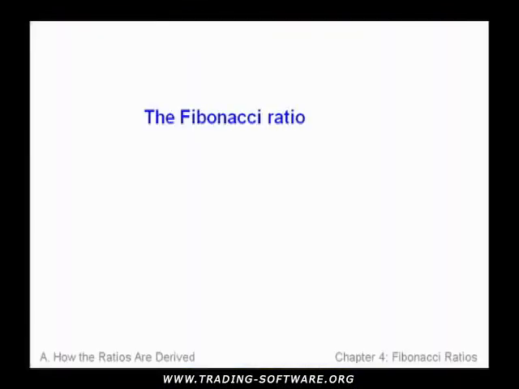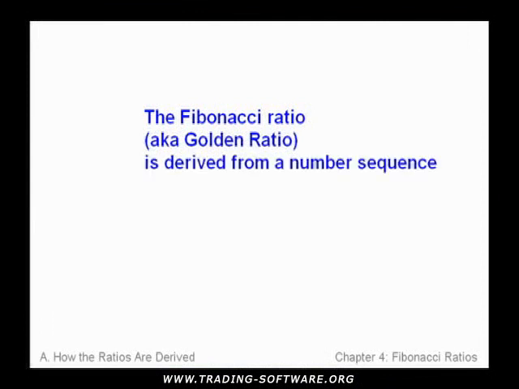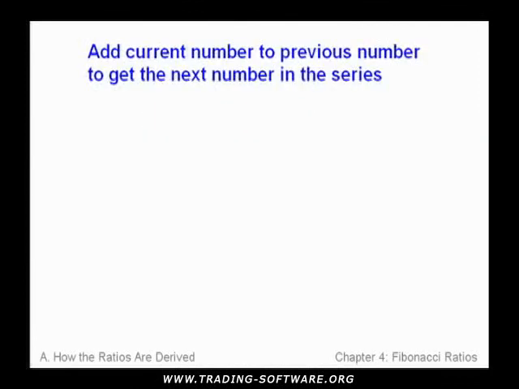The Fibonacci ratio, also known as the golden ratio, is derived from a number sequence. You add the current number to the previous number to get the next number in the series. Now this is not crucial to know in order to trade well. This is just for your information only, in case you're curious about how these numbers are derived.